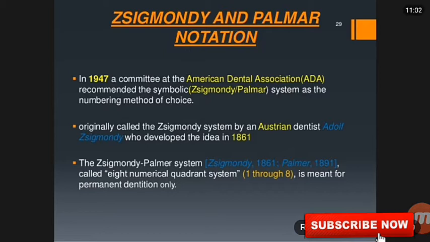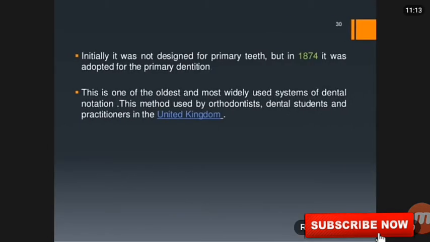The Zsigmondy-Palmer system, called the numerical quadrant system, is meant for permanent dentition only. Initially, it was not designed for primary teeth, but in 1874 it was adopted for the primary dentition.